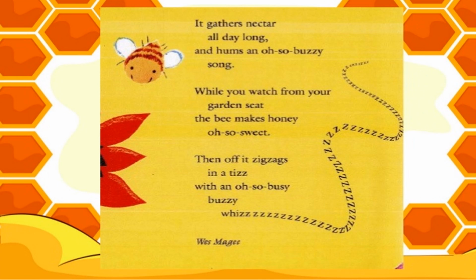It gathers nectar all day long and hums an oh so busy song. While you watch from your garden seat, the bee makes honey oh so sweet. Then off it zigzags in a tease with an oh so busy wheeze.